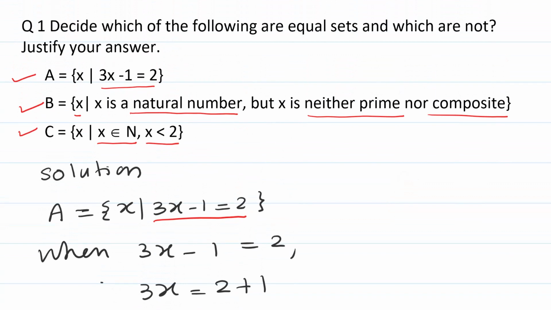So assign number 1 to this. Now we'll find out all numbers satisfying condition in B set. B is set of all x such that x is natural number but x is neither prime nor composite.